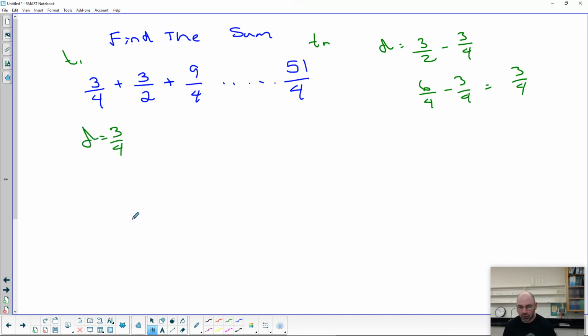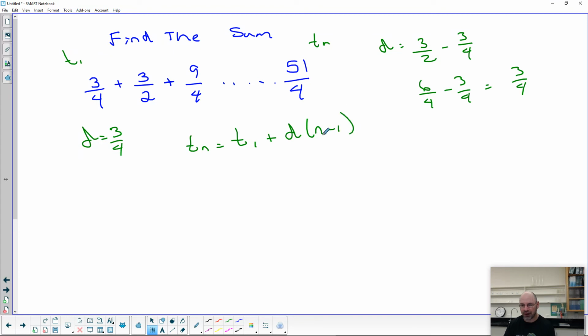Okay, now we know what the final term is, we know what the first term is, we know what D is. We have to figure out how many terms there are. So we have to use our formula for that. Tn equals T1 plus D times N minus 1.